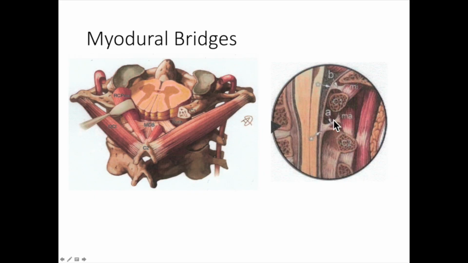Myofascial bridges are fascial structures that connect the deep cervical muscles with the dura here. And this takes place between occiput and atlas, and between atlas and axis. We can also see here we have the different types of deep neck muscles, and there are different fascial bands, the myofascial bridges, that connect directly into the dura.